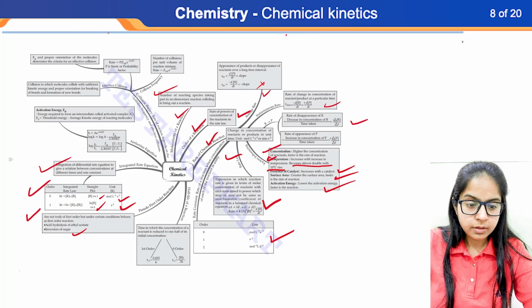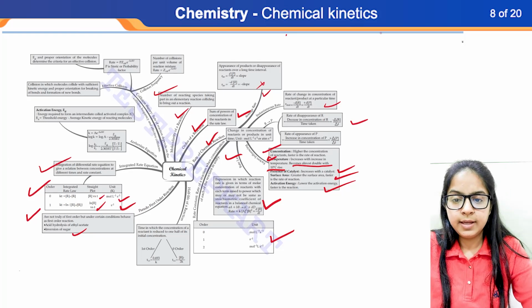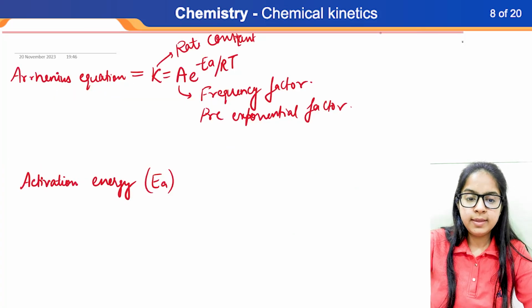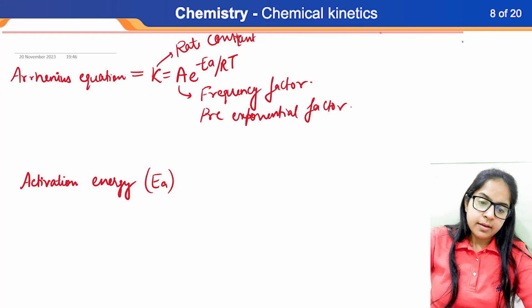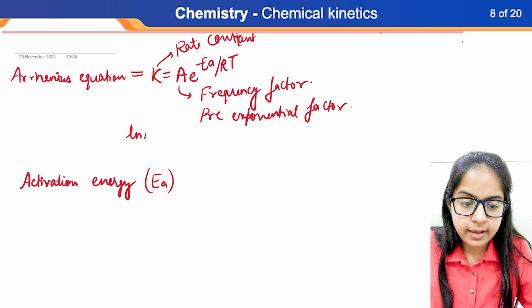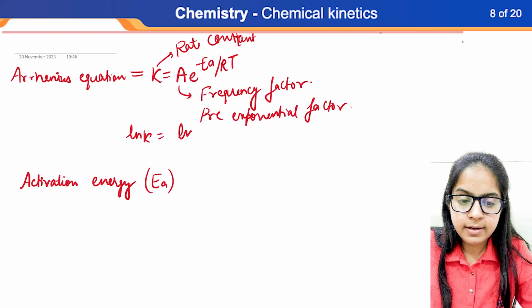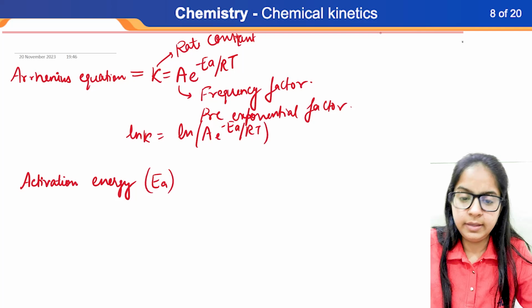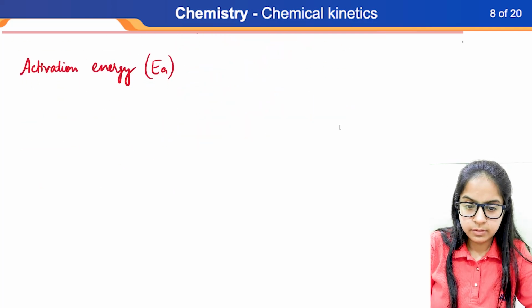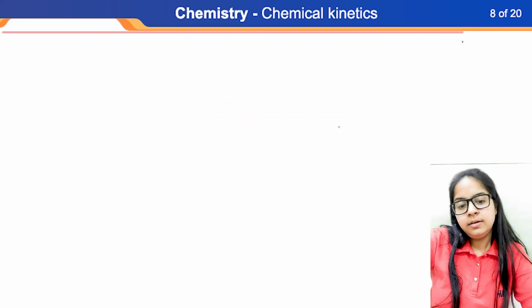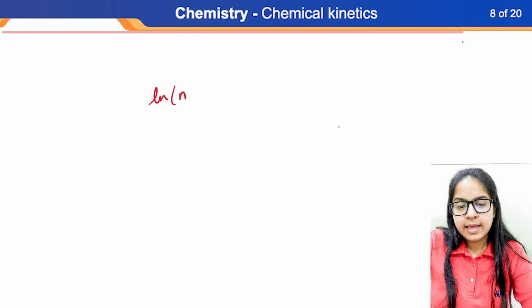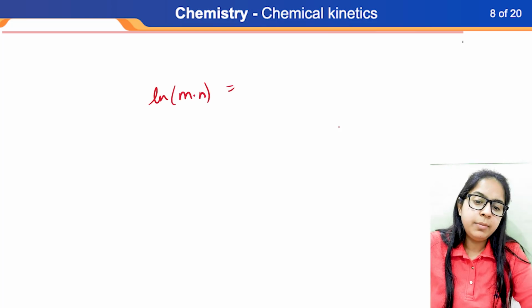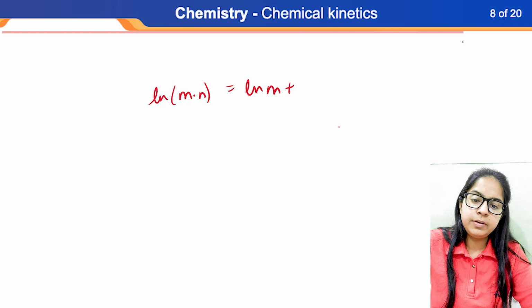So I want to tell you how I can take ln here. ln K is equal to ln A e to the power minus EA by RT. Suppose I have ln of m into n, then it is ln m plus ln n.